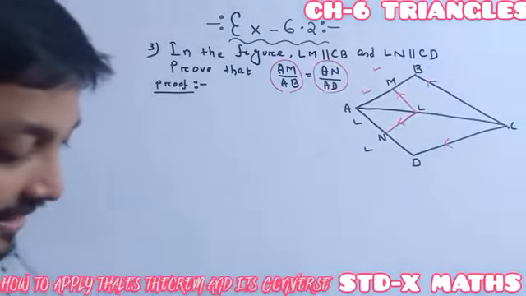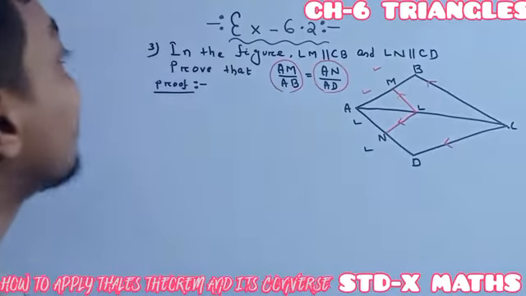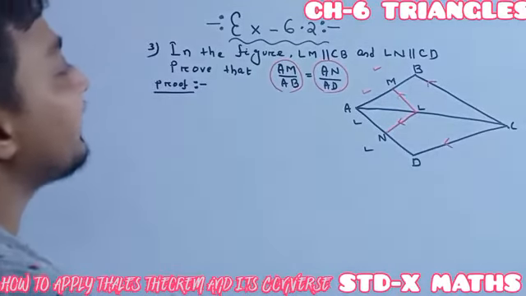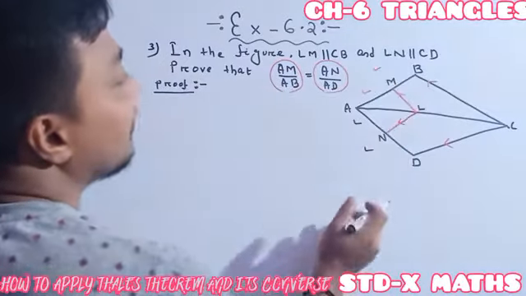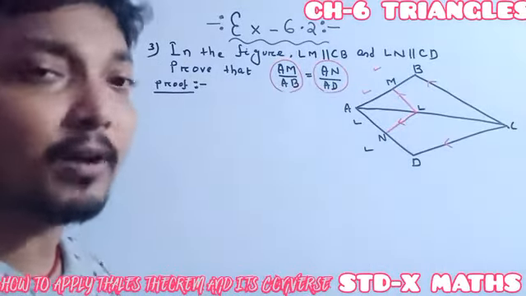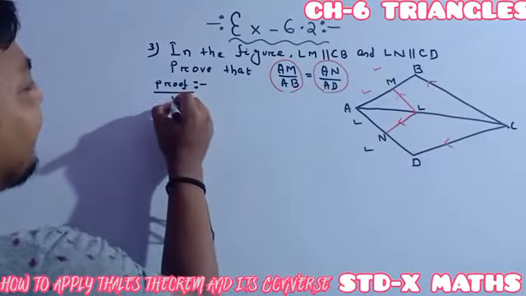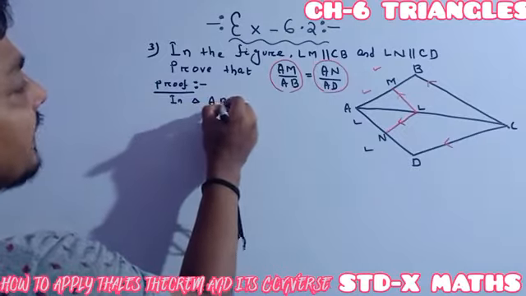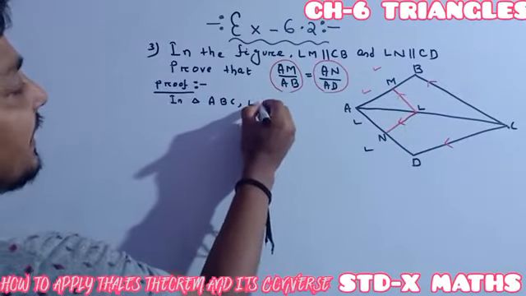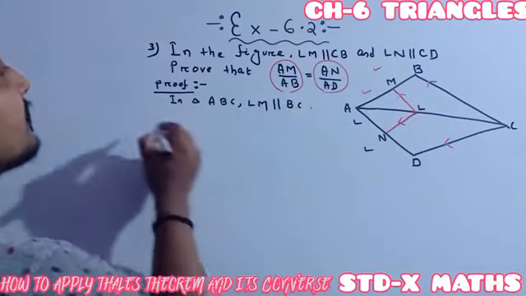Everyone, you just have to see. In question number 3, it is asked the smaller one divided by the larger one, for which we have to take that form of the Thales theorem. So here you write: in triangle ABC, LM is parallel to BC.